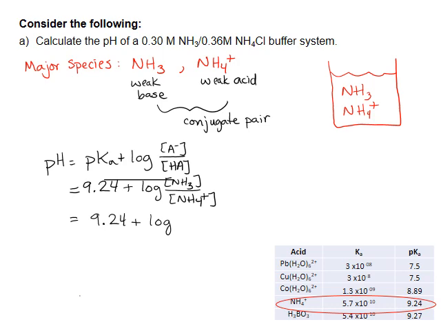The ammonia was 0.3 molar. The ammonium ion was 0.36 molar. And putting this into our calculator, we get a pH value of our buffer of 9.16.